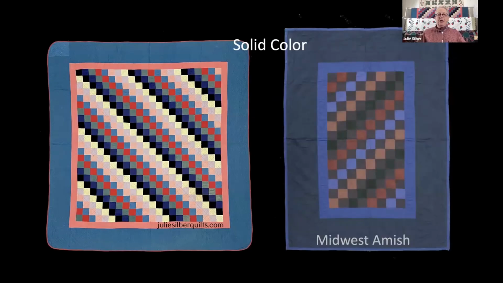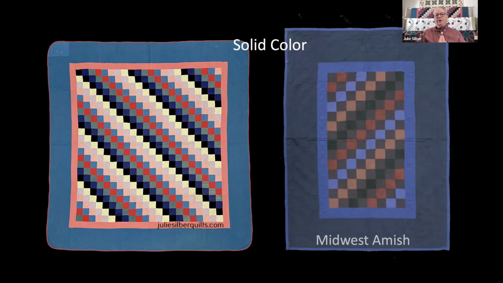And solid color. So solid colors tend to be what we see in Amish quilts. The use of printed fabric was considered too worldly and gaudy for these people, whose humility and simplicity are cornerstones of their lives.